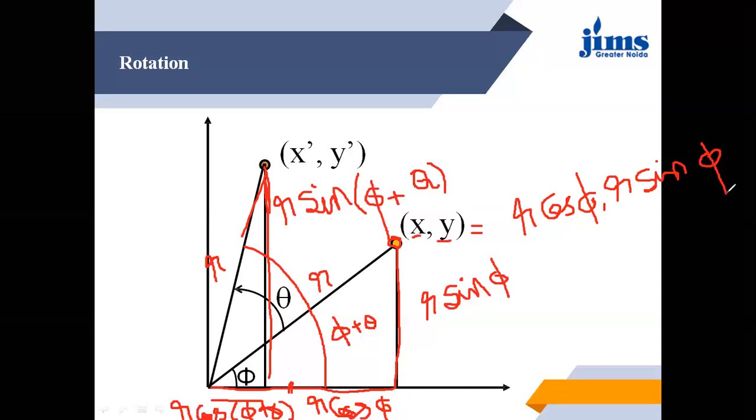In the same way, when I want to find the value of x dash and y dash, x dash will be r cos(phi plus theta) and y dash is r sine(phi plus theta), the angle from the x-axis.